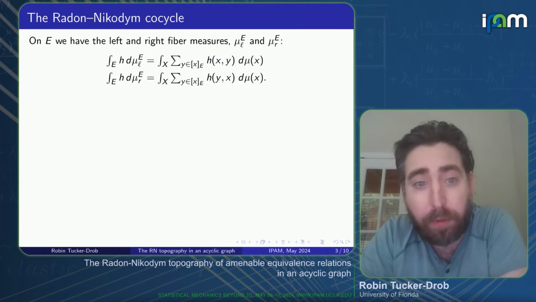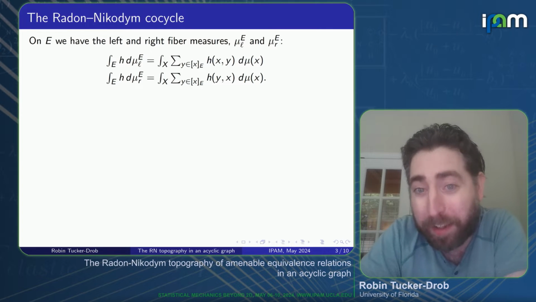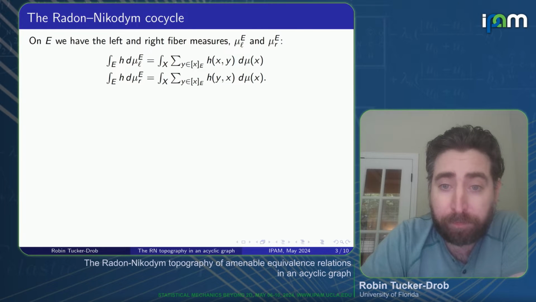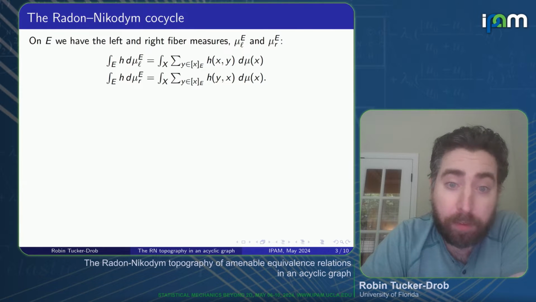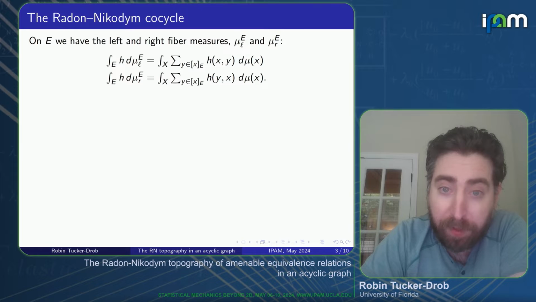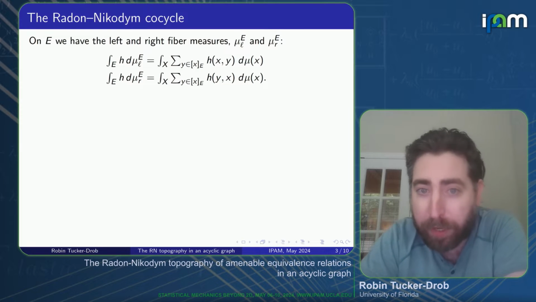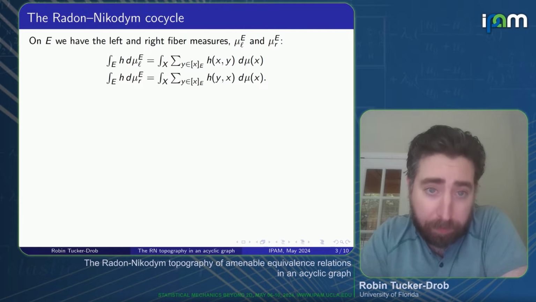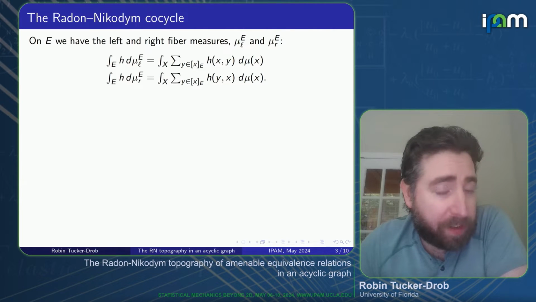And for the right fiber measure, we do similarly, but we hold the right coordinate constant and then sum over the left coordinate of things that are equivalent to X. And then we integrate that with respect to the underlying measure mu on X. So those are the left and right fiber measures.